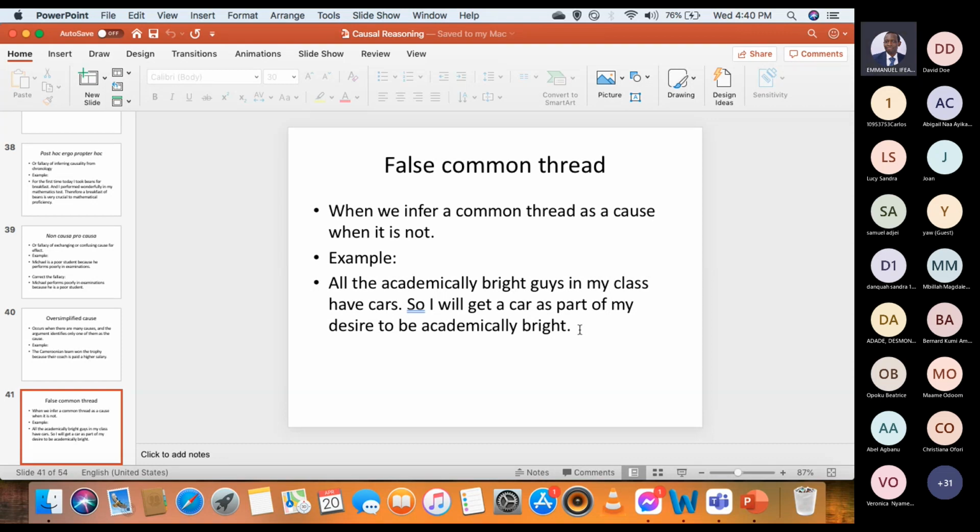But if you're not able to establish such things, then you cannot say that having a car is what is responsible for academic brightness, just because those who are academically bright have cars.